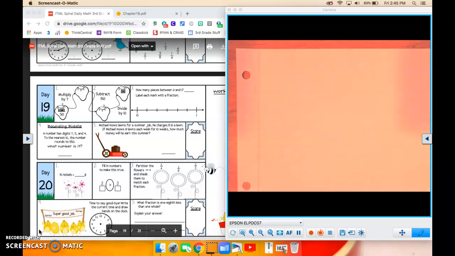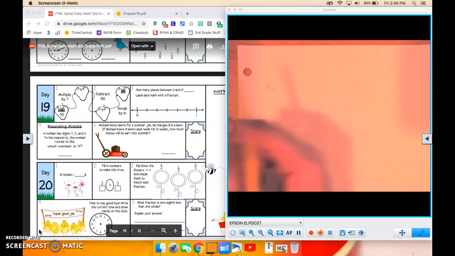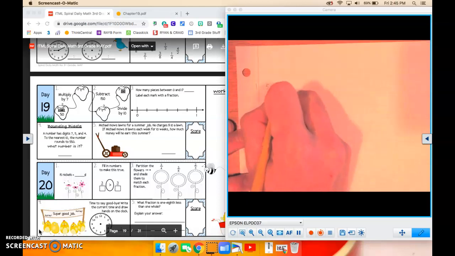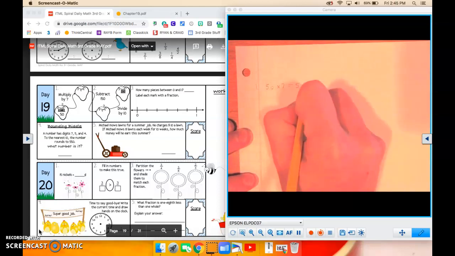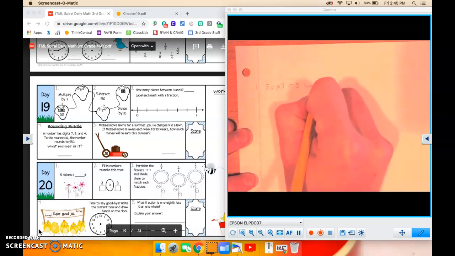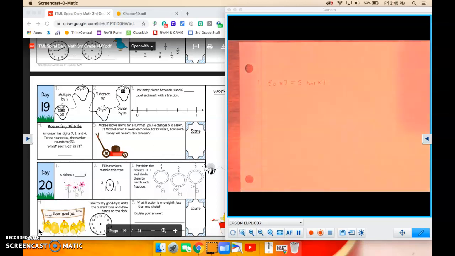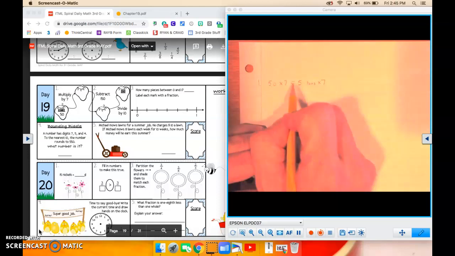Number 1. We're going to start with the number 50, and we're going to multiply by 7. Okay, we're not going to do 50 times 7. Instead, we're going to change this to, how about 5 tens times 7? 5 times 7 is a much easier problem for me than 50 times 7.